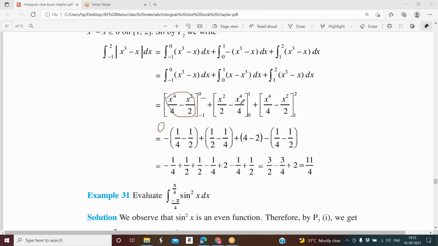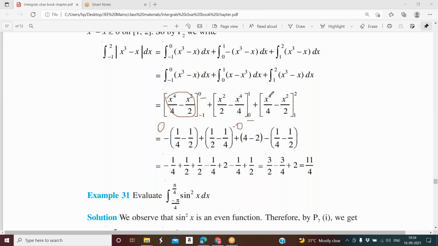Now come to the second one. Substitute the upper limit. So you'll get 1 by 2 minus 1 by 4. The lower limit, the entire function will become 0. Okay. Here, if you substitute the upper limit, what you will get? 2 power 4.